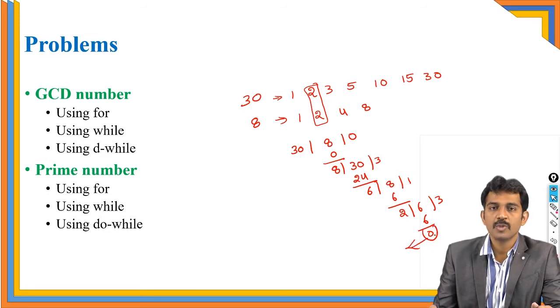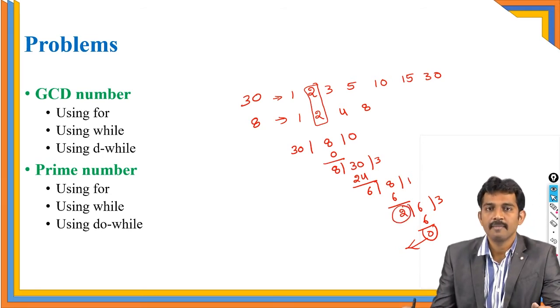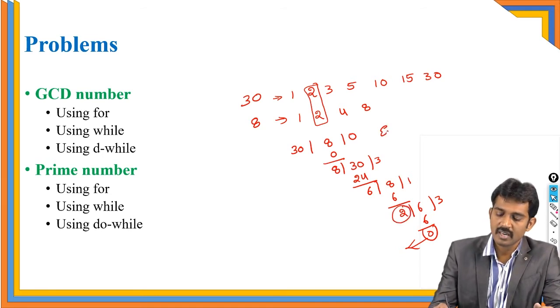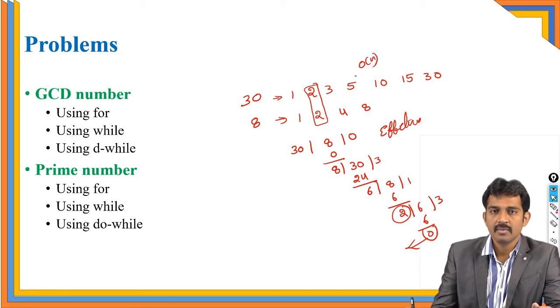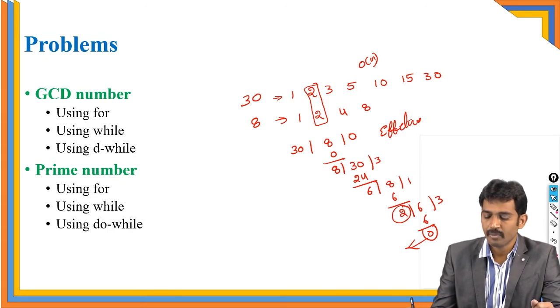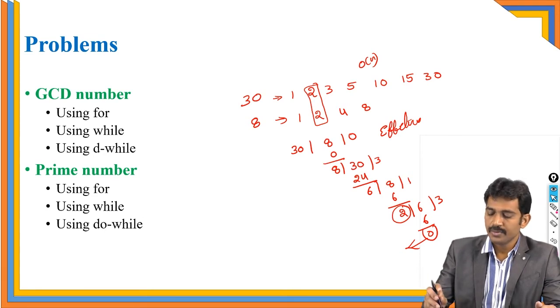When you get 0, you stop the process. This is the way you find the GCD of given numbers. This is the effective method. No need to find the factors and everything. The time complexity is very small, almost constant time.